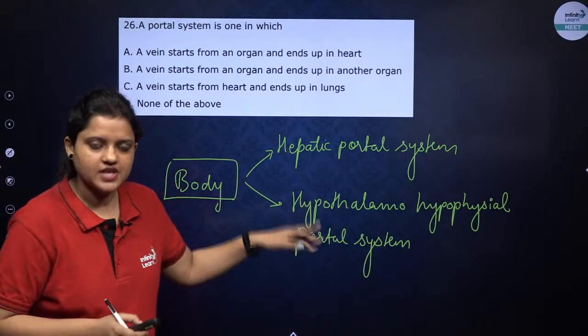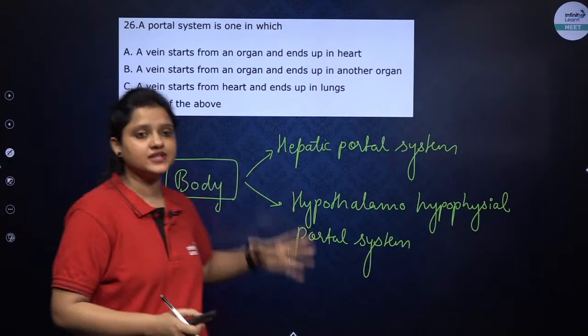Hepatic portal system is the portal system associated with our liver and intestine.